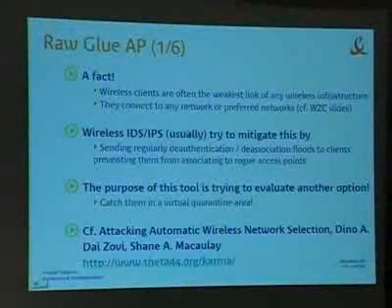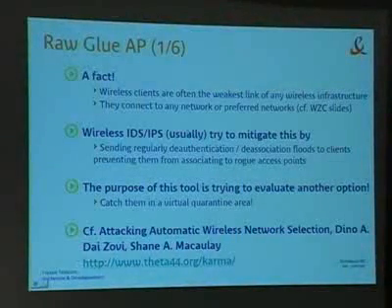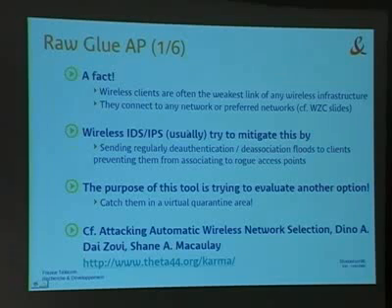Okay, the next tool is called Raw Glue AP, so Raw Glue Access Point. You want to present? Yeah. In fact, there is a big issue with rogue or fake access points: often the weakest link is the client link.